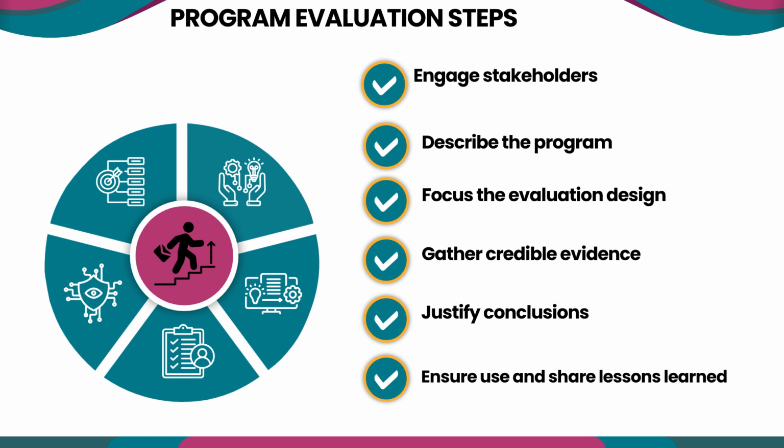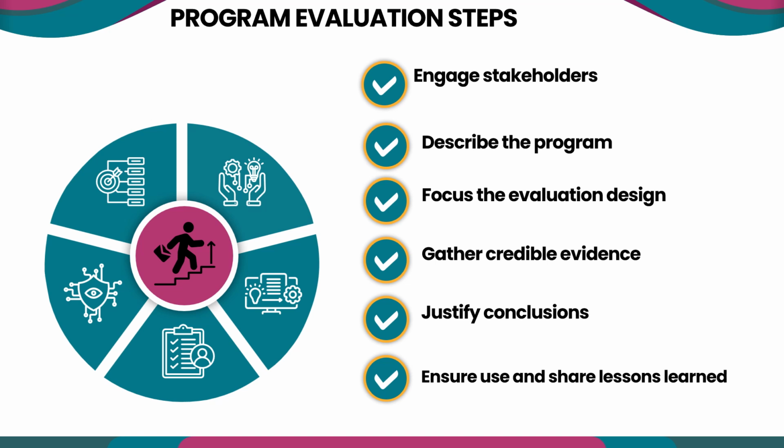Next, we want to describe the program. This is going to be a summary of the intervention being evaluated. It should explain what the program is trying to accomplish and how it tries to bring about those changes. The description will also illustrate the program's core components and elements, its ability to make changes, its stages of development, and how the program fits into the larger organizational and community environment.